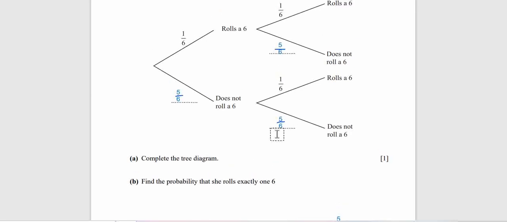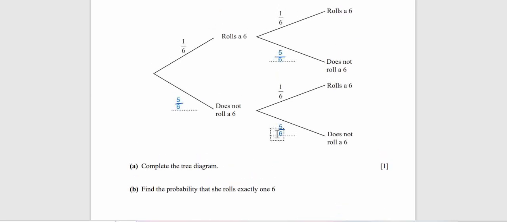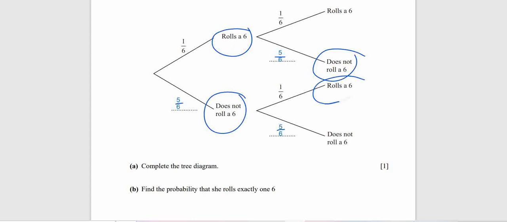So we see that exactly one 6 means we have to choose: roll a 6 and does not roll a 6, or does not roll a 6 and rolls a 6. So this path is 1 over 6 times 5 over 6.